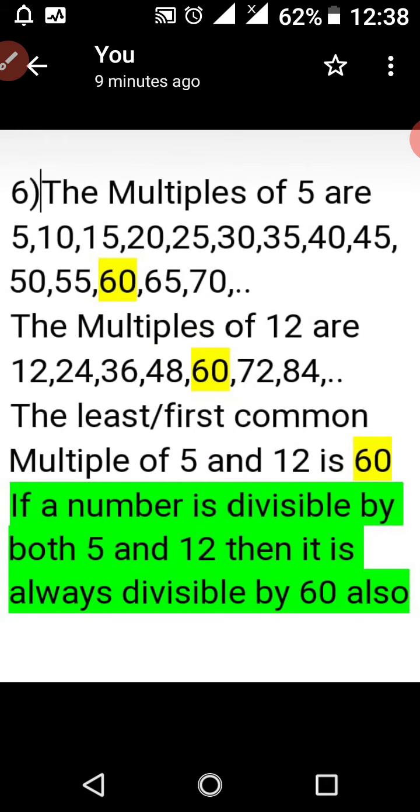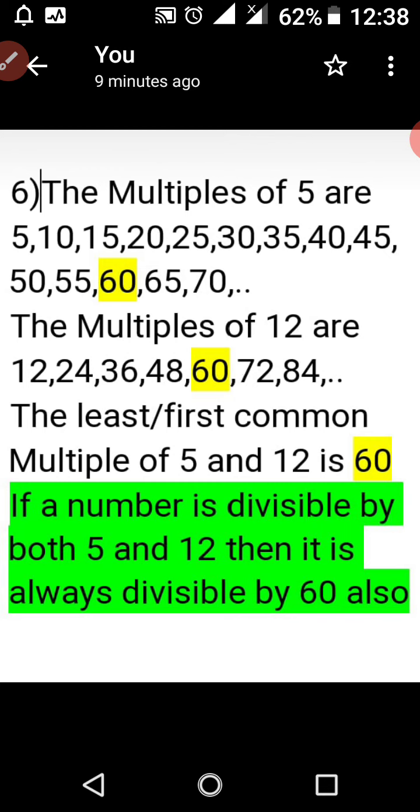The multiples of 5 are 5, 10, 15, 20 like this. We already know there are many multiples for each number. Write some multiples of 5, and the multiples of 12 are 12, 24, 36 like this. Here also write some multiples of 12.